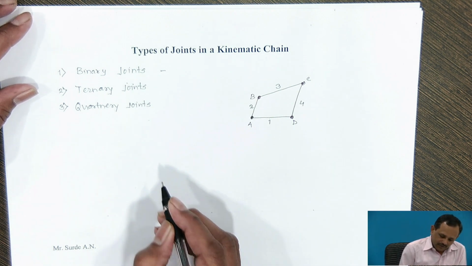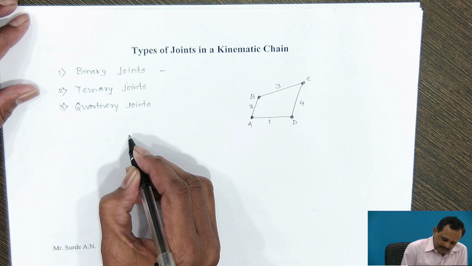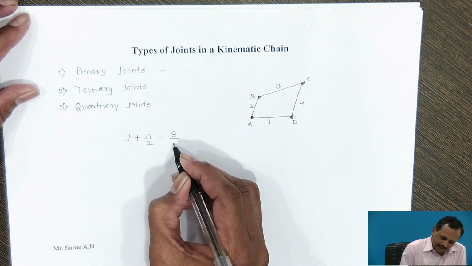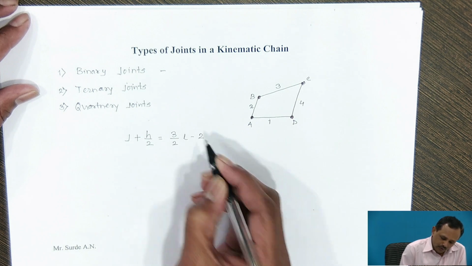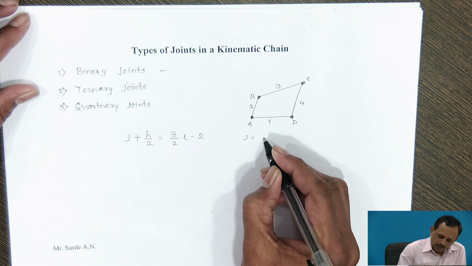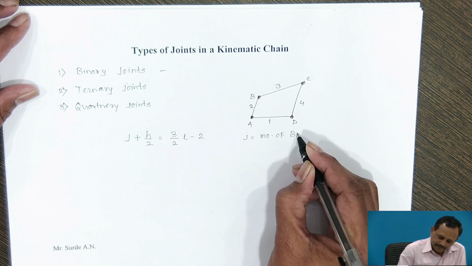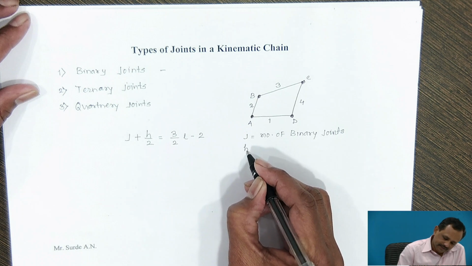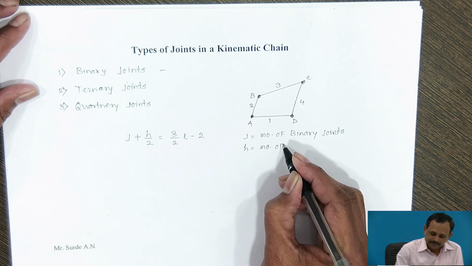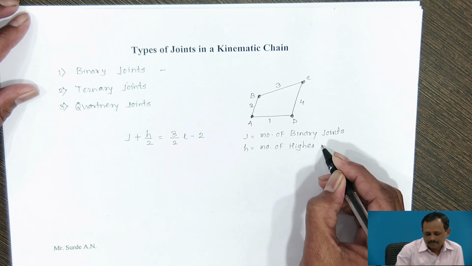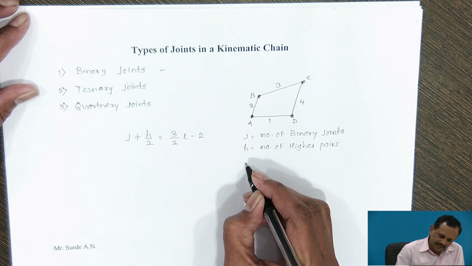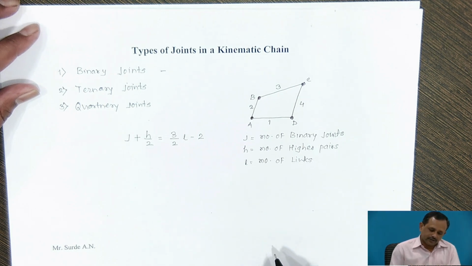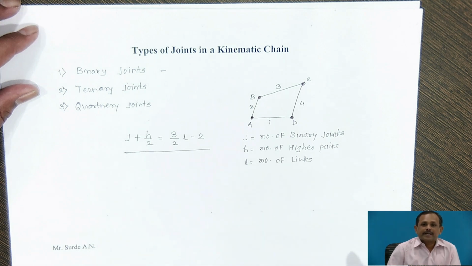The generalized relation for determining the nature of a chain is J plus H by 2 is equal to 3 by 2 into L minus 2, where J is the number of binary joints, H is the number of higher pairs, and L is the number of links.